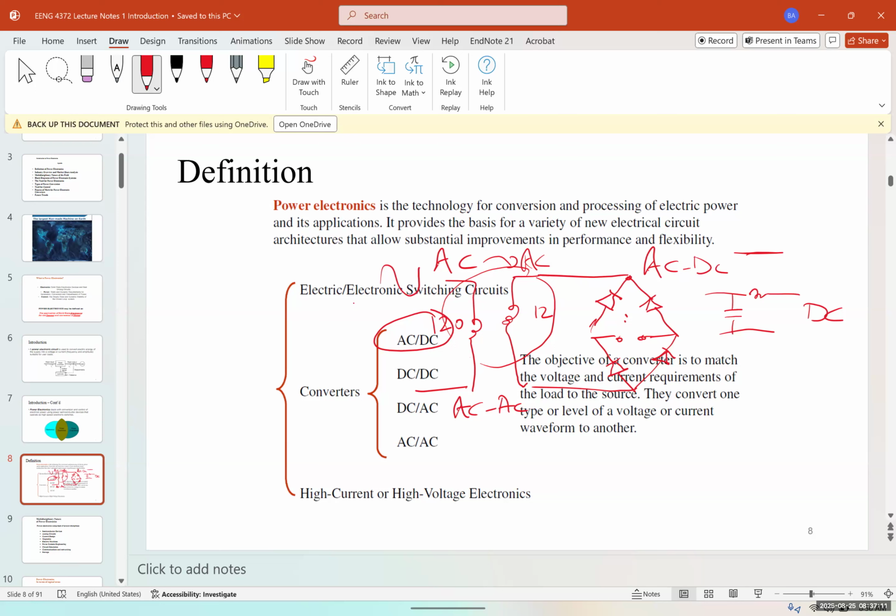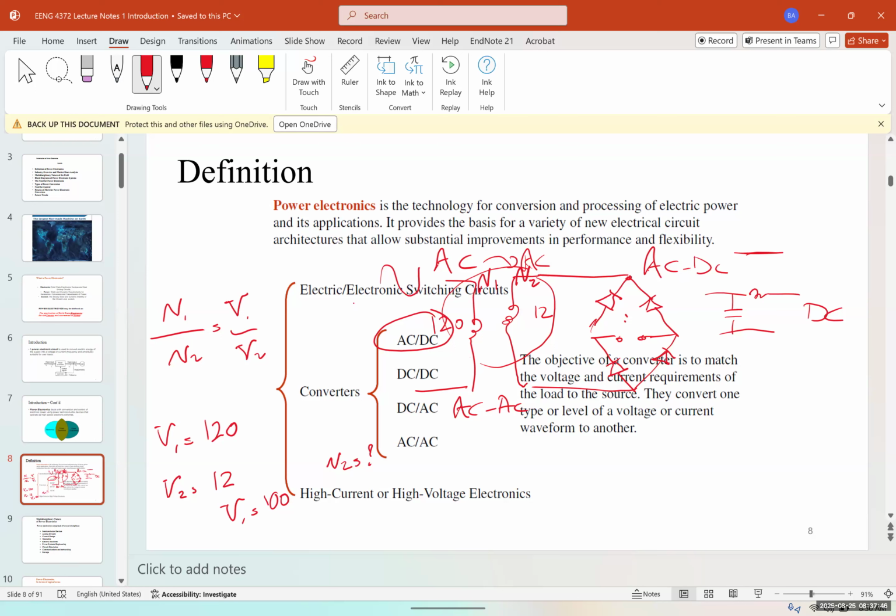Have you learned about transformers yet? Okay, so step down, as you learn from transformers, is the ratio between the turns of the primary and the secondary coil, and N1 over N2 is equal to V1 over V2. So for example, if V1 is 120, V2 is 12, and N1 is 100, what would N2 be?